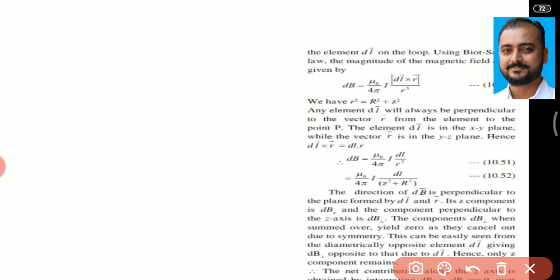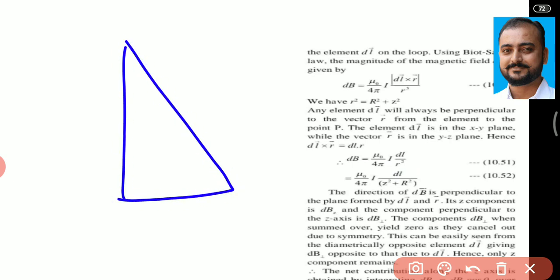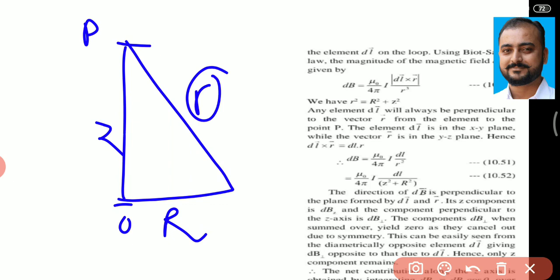Now, by substituting the value of r square, what is the value of r square? From this figure, this is your r, and z is the distance of point P from center O. Remember, point P is situated at a distance z from center O. Now we have to find the value of capital R, and this is the radius of the circle.